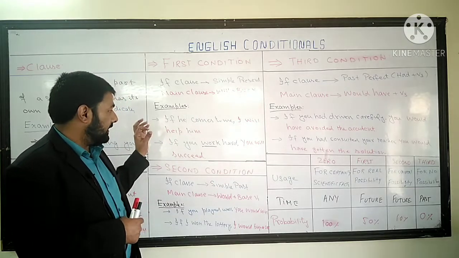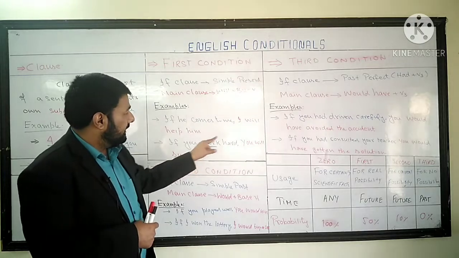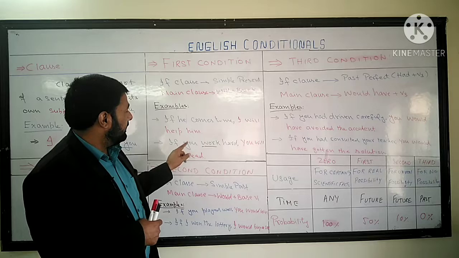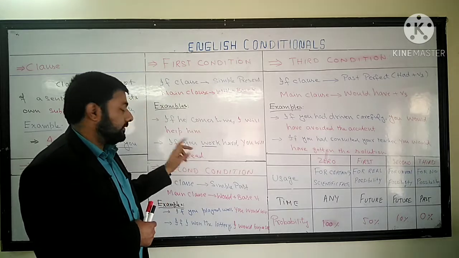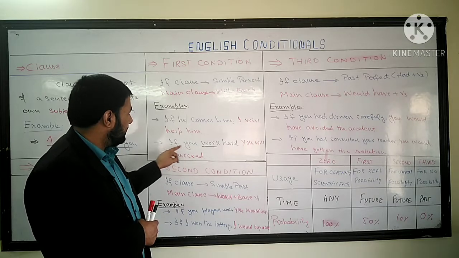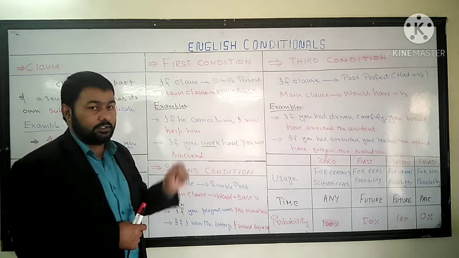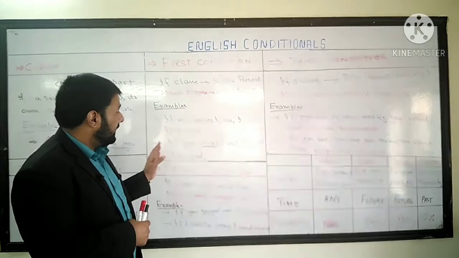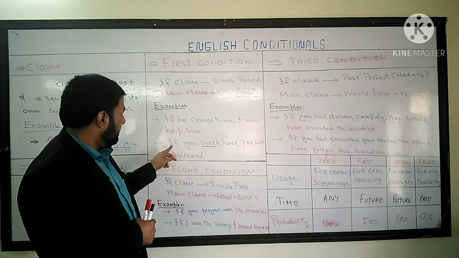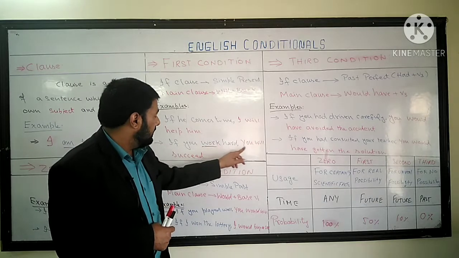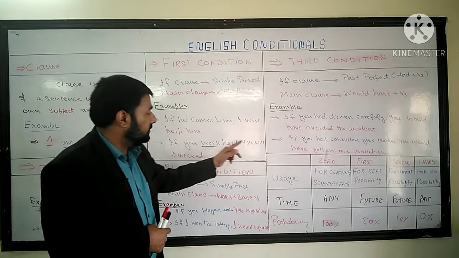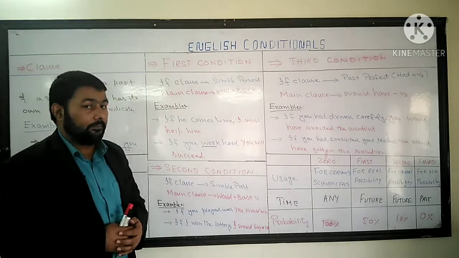You will get an idea that you will succeed basically belongs to the first condition, and we will have to use simple present tense, meaning the first form of the verb in the sentence written in the paper. So if you work hard, you will get that. This can also be given in this way: if you work hard, you will dash or you dash succeed.